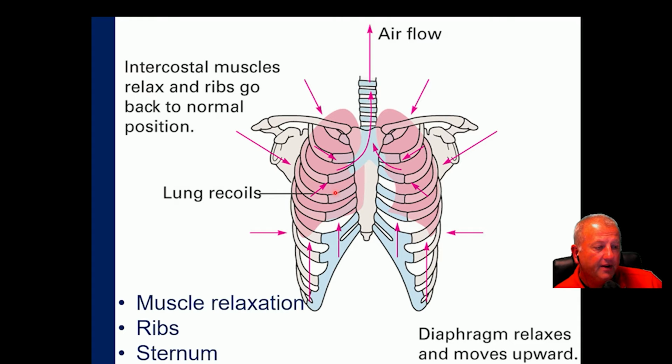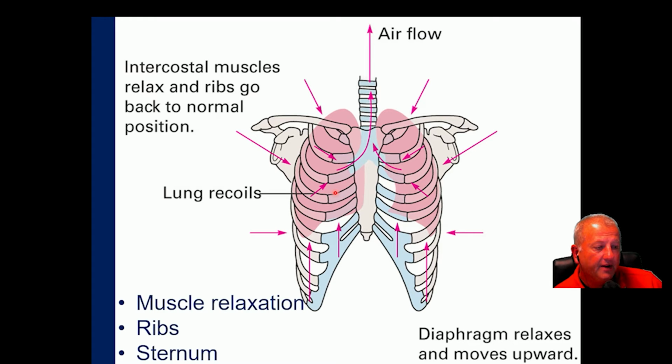Let's talk about the mechanics of ventilation, and let's talk about the pulmonary ventilation review, control of respirations. So we know ventilation is controlled by the communications between the chemoreceptors and the brainstem, which send those impulses to the respiratory muscles.